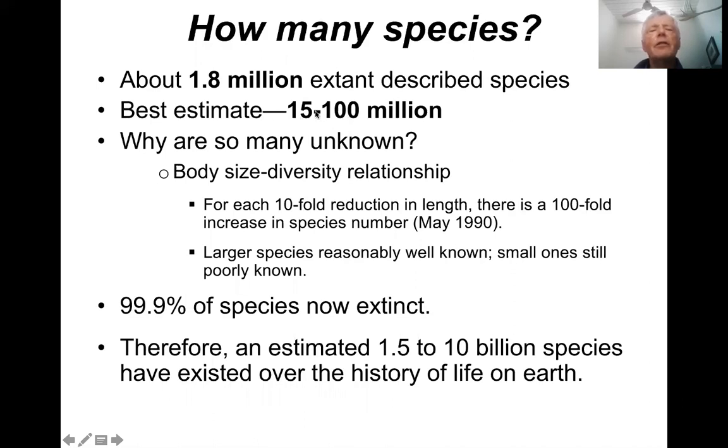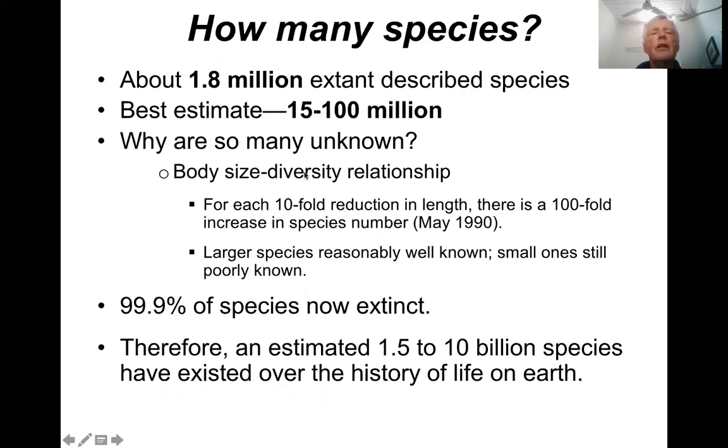The best estimates are somewhere between probably 10 and 15 million on the low end, up to as many as 100 million extant species on the high end. How could that be? How could it be that so large a proportion of the total species on a world that is so overrun with people looking could be unknown?